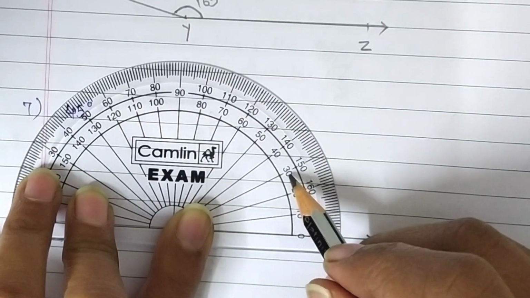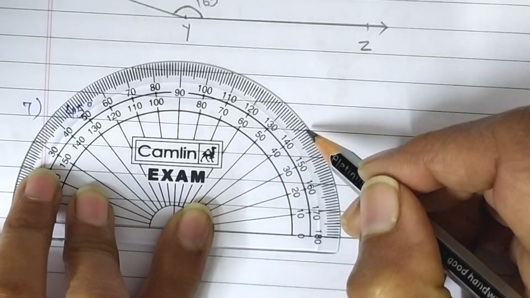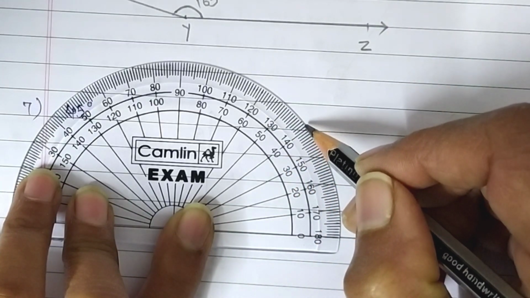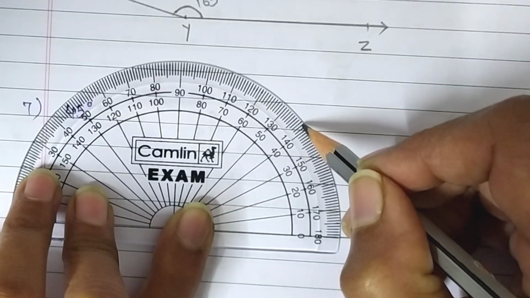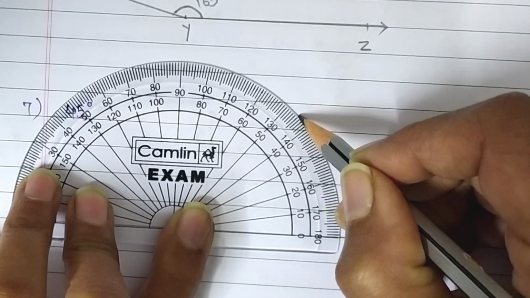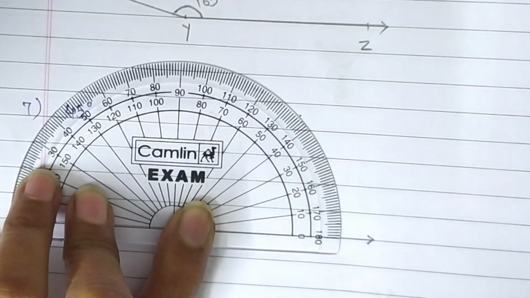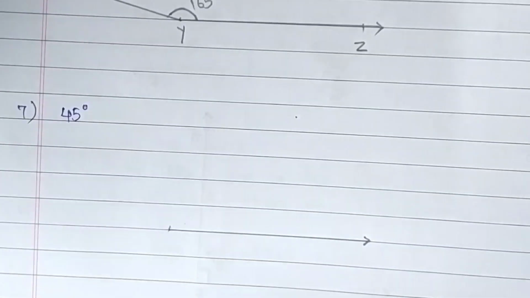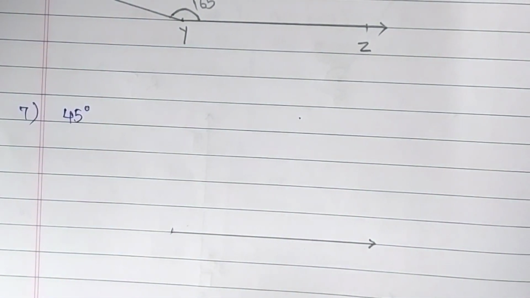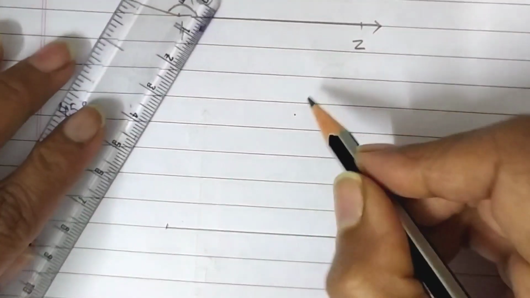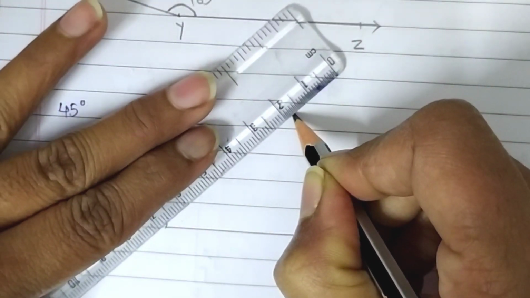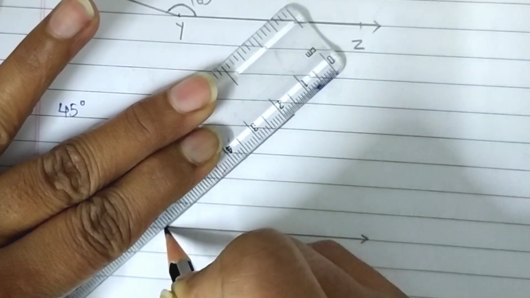0, 10, 20, 30, 40, and count 5 divisions here. 1, 2, 3, 4, 5. This is our 45. Make here a sign of point and then join these 2 points like this with the help of ruler.